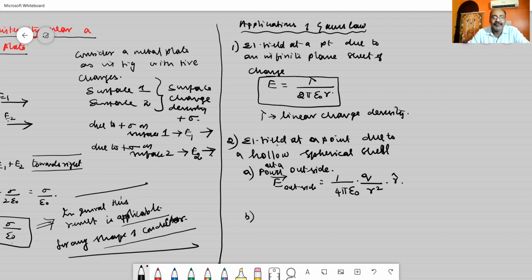Then the second one, at a point on the surface. So we can write E vector on the surface is 1 divided by 4 pi epsilon 0 Q by capital R square into R cap.